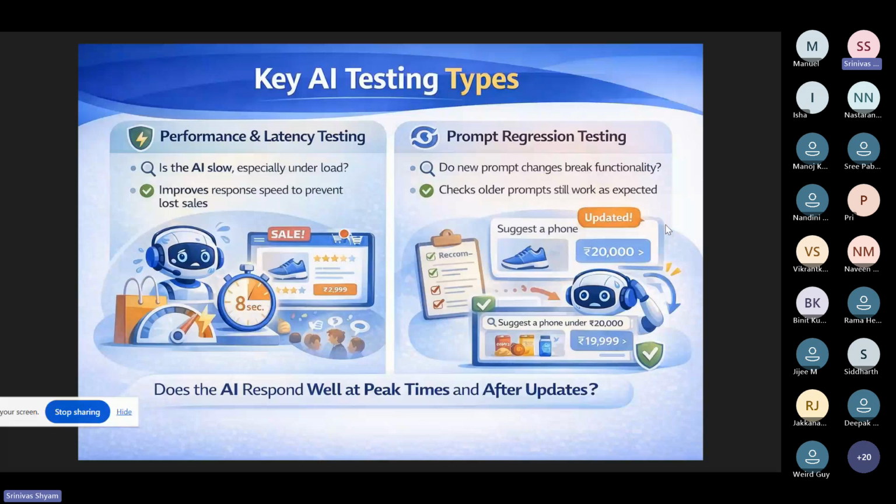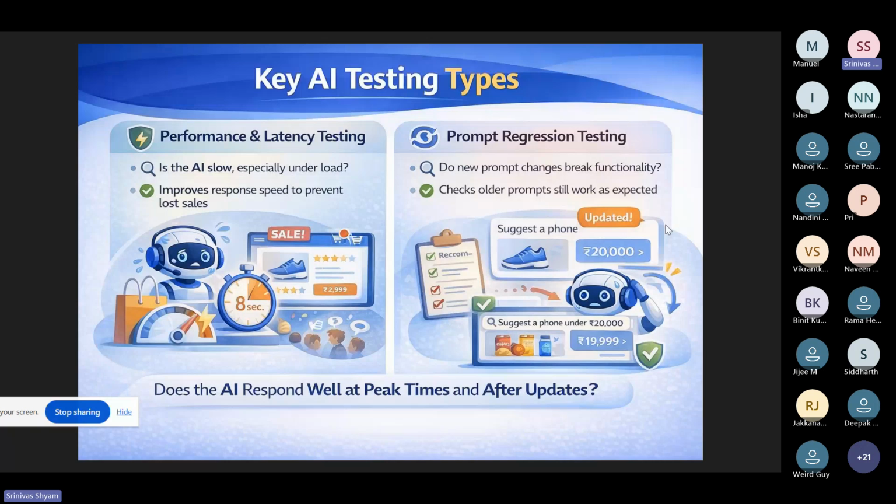When something goes to production without proper AI testing, say after a prompt change, it can totally break all the other testing that you did. You have already fixed and properly tested things, but with a small change in the prompt, everything may be gone, because the prompt is a fundamental thing which affects your responses. So prompt regression testing is very critical when prompt changes happen, because it can also prevent silent production issues, so we have to be very careful about that.